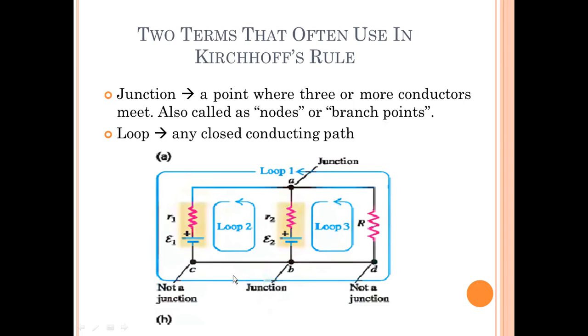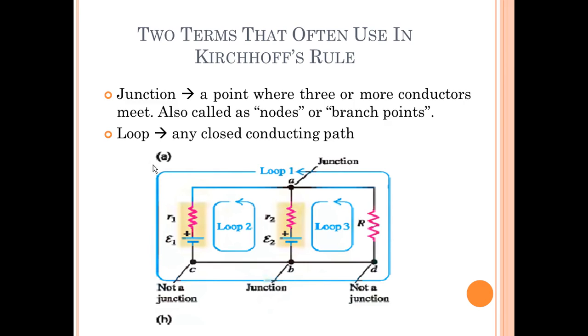Now, loop number 3 has the following circuit elements: R sub 2, E sub 2, and R. For loop number 1, the circuit elements included are R sub 1, E sub 1, and R. This means R sub 2 and E sub 2 are not included as part of loop number 1.